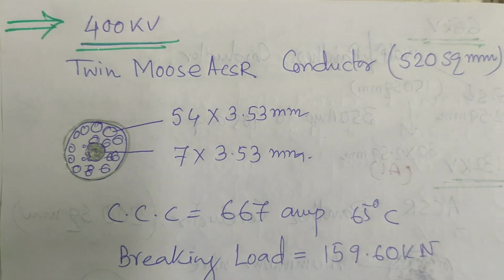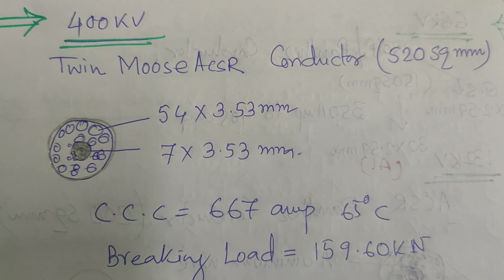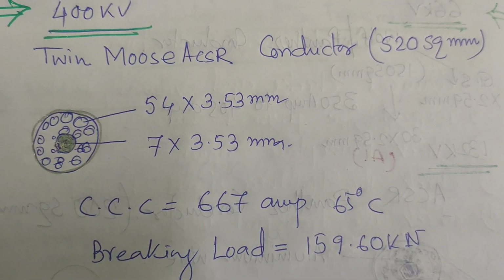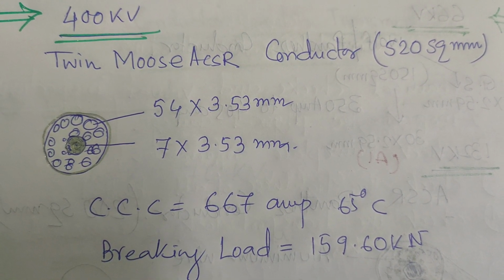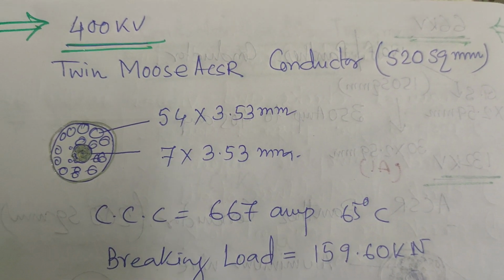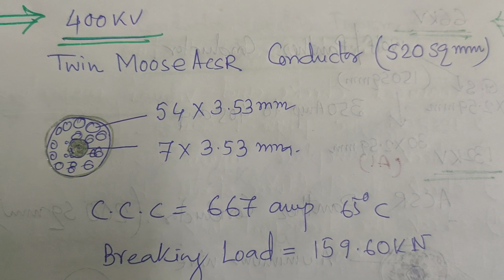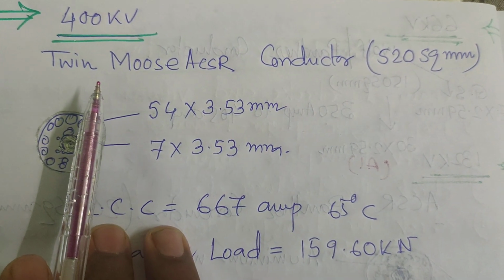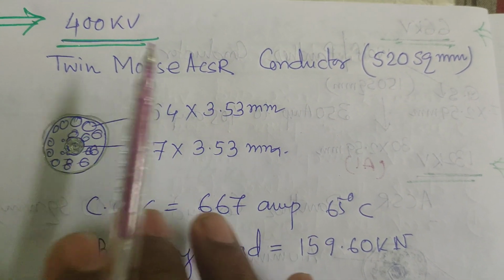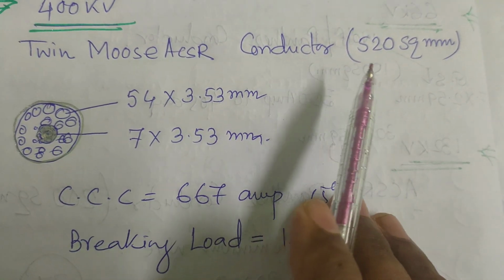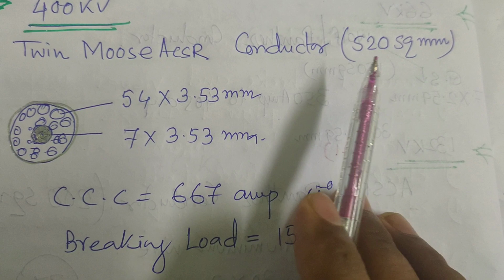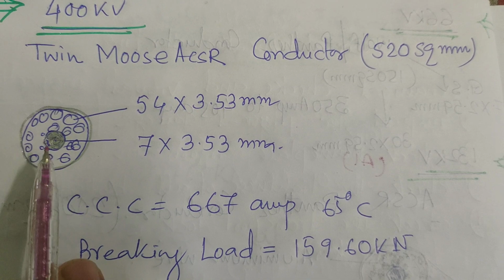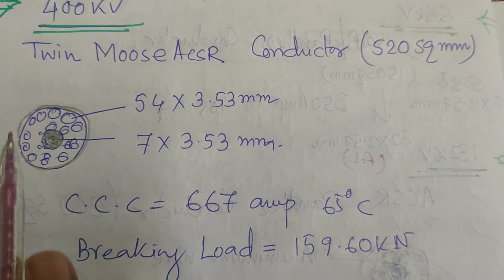For the 400 kV transmission line, generally the 400 kV transmission lines transmit between substation to substation, or between power plant to substation, for long transmission lines with different advantages. So for 400 kV transmission lines we generally use twin moose ACSR conductor. The overall size of the moose conductor is 520 square mm, with 7 steel strands inside and 54 aluminum conductors in the outer layer.